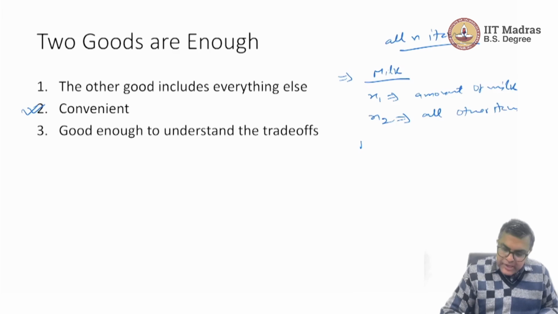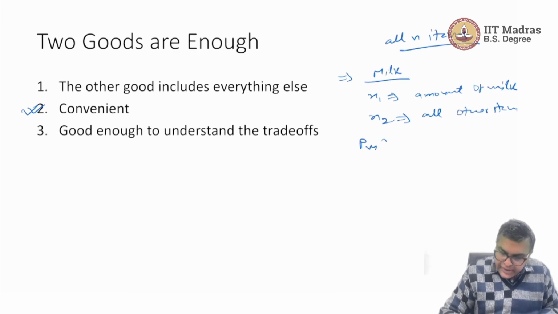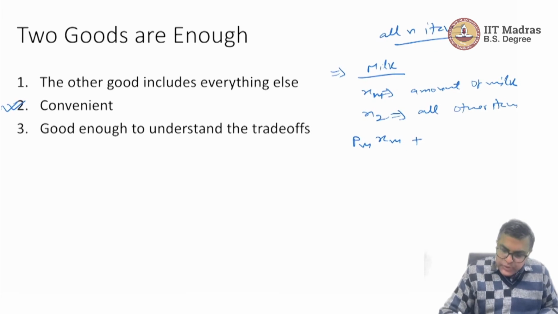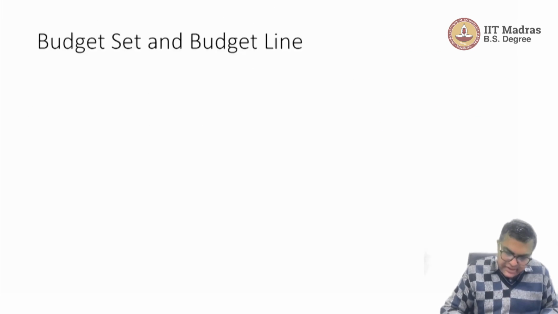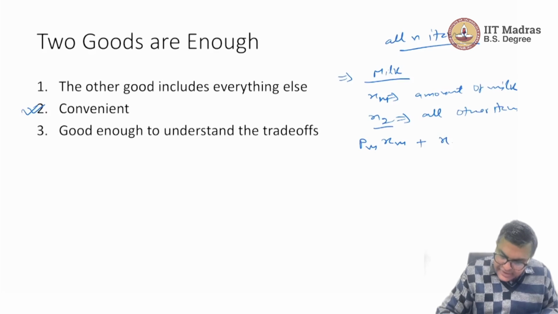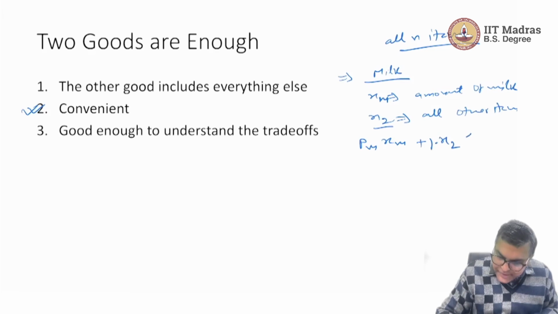Of course, you will have the price of milk, pm, that you need to worry about. What should be the price of all other items? The price can simply be in terms of rupees, the money left to buy all other items. So, you can say it is x2 multiplied by 1.